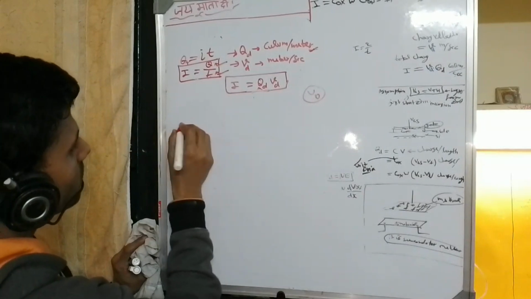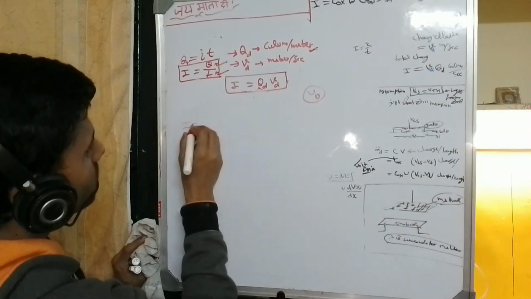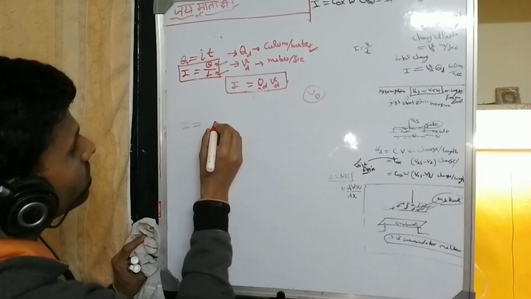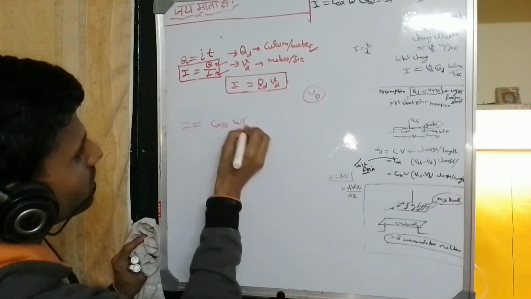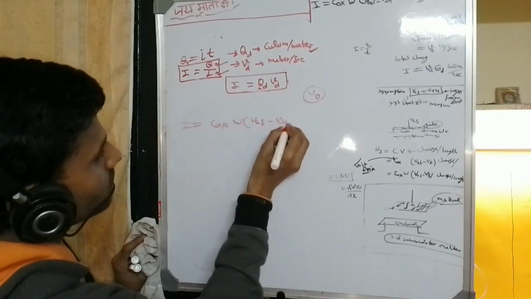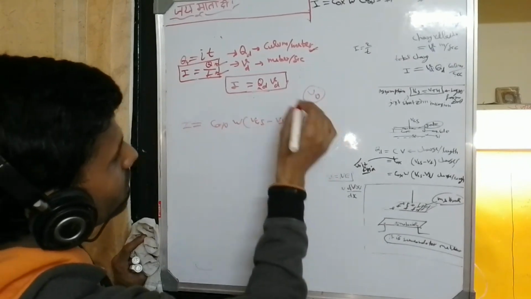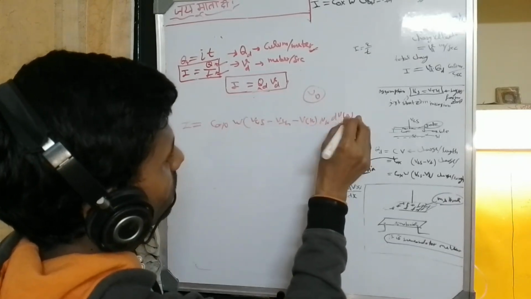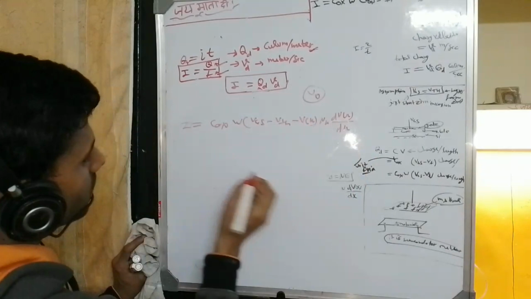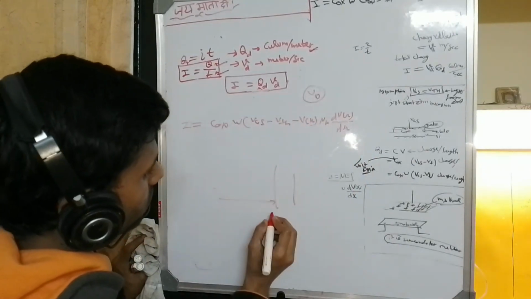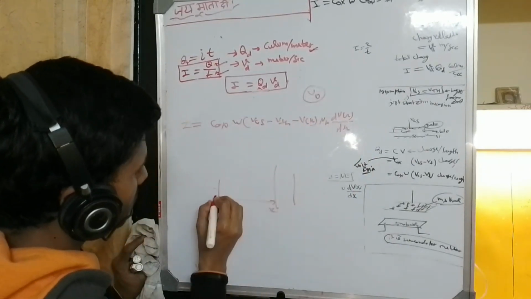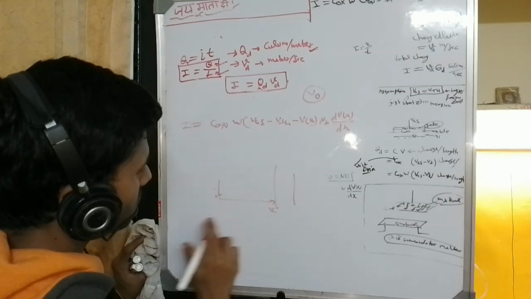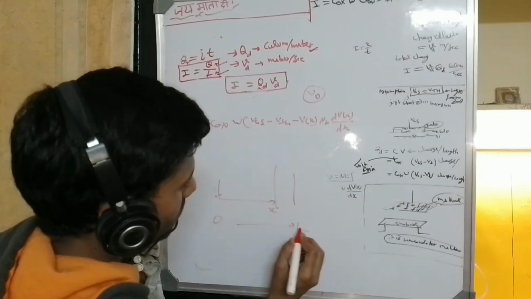Now just multiply. I is equal to QD, which is COX W VGS minus VTH minus Vx, and VD is mu n dVx by dx, calculated from x distance. So here the voltage goes from 0 to VDS, and the distance goes from 0 to L, where L is the channel length.